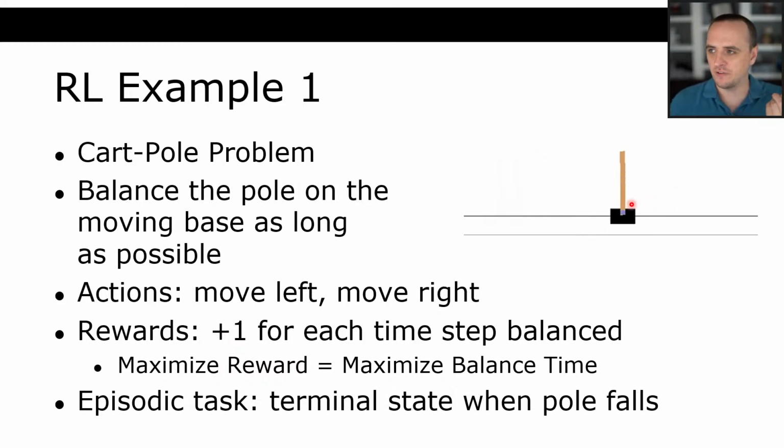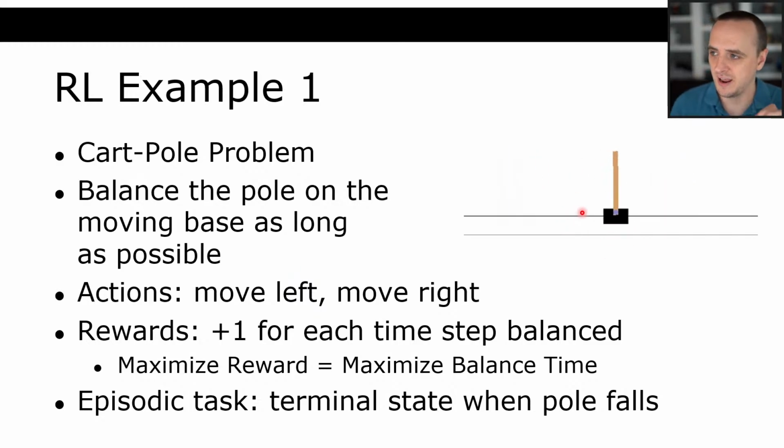So if I keep it balanced for 6,000 milliseconds, and I'm doing states every 1 millisecond, then that would be a reward of 6,000, for example. If I only keep it balanced for 1 second, then that would be 1,000. So the reward directly reflects what you want to maximize, and in this case, it's the amount of time that the pole has been balancing.